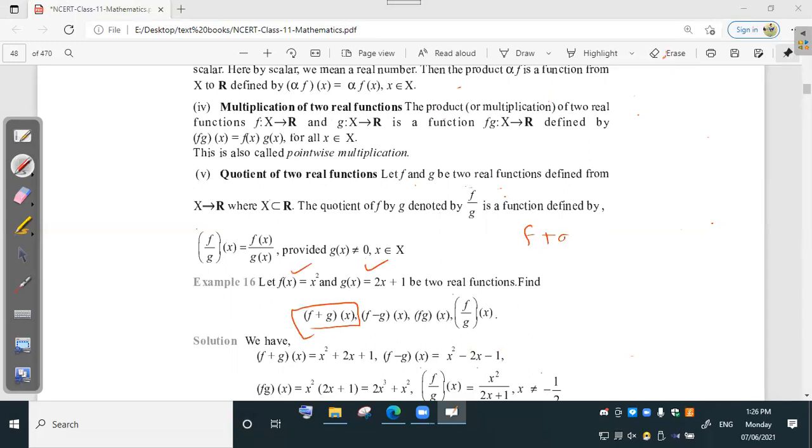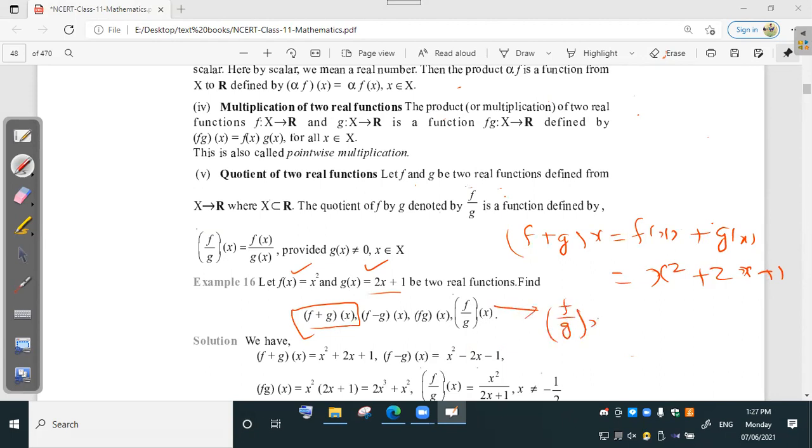As we have seen, the sum of the two functions can be written as f(x) plus g(x), so just put in the values. f(x) is x square and g(x) is 2x plus 1. The 2x plus 1 cannot be simplified further because they don't have any like terms. Similarly, product and division are the same.